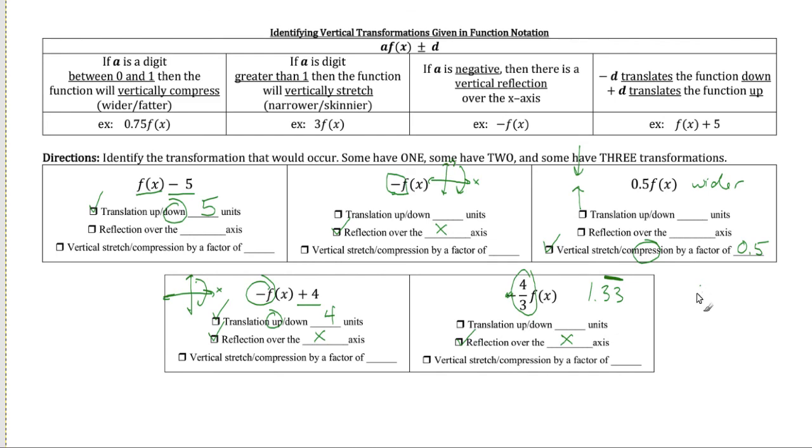Remember that instead of looking like this, it ends up looking like this. So vertically stretch by a factor of 4/3. We're going to leave the negative out because we took care of the negative with the reflection. Okay? So thank you very much.